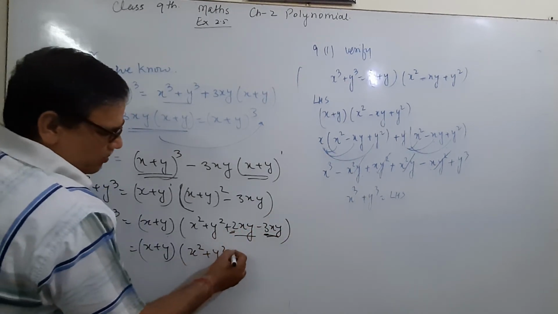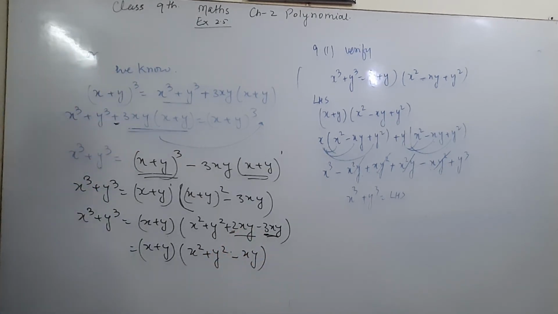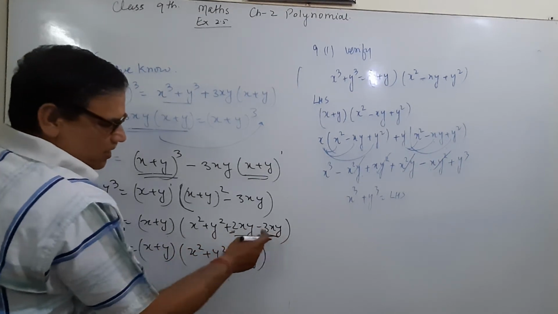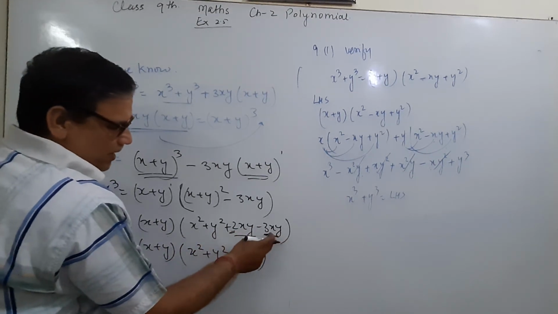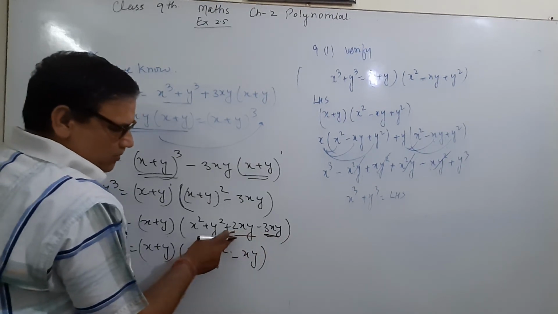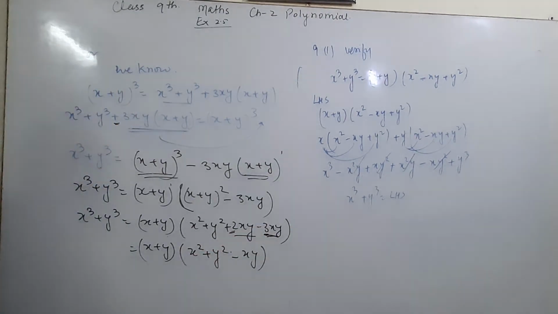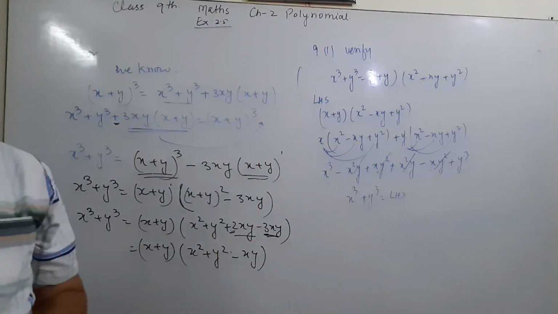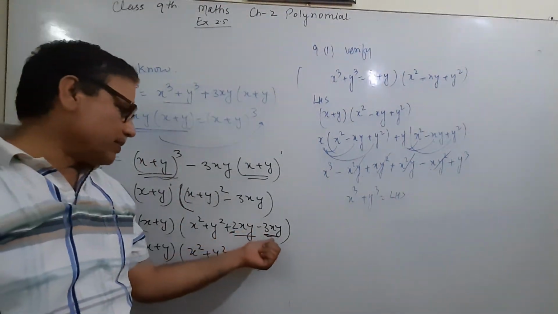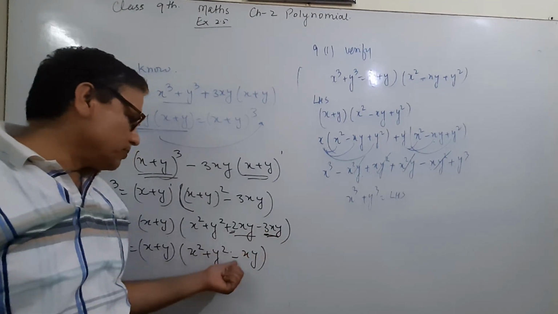This will be minus xy, because the negative value is more than the positive value. Minus 3xy is greater than 2xy. One is negative, one is positive, so we subtract 3xy minus 2xy. The answer is xy, and we put the sign of the larger value. If one is negative and the other is positive, we subtract the smaller part from the larger and put the sign of the larger value.